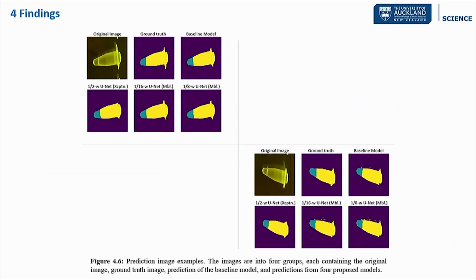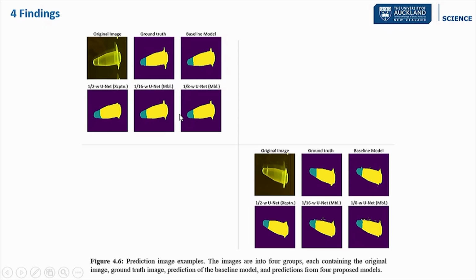And finally, we'll have a look at how these prediction images look. Each group has 6 images, and the first one is the original image, the second one is the ground truth, and the third one is produced by the baseline model. And all of the 3 images downside are predictions produced by our proposed models.